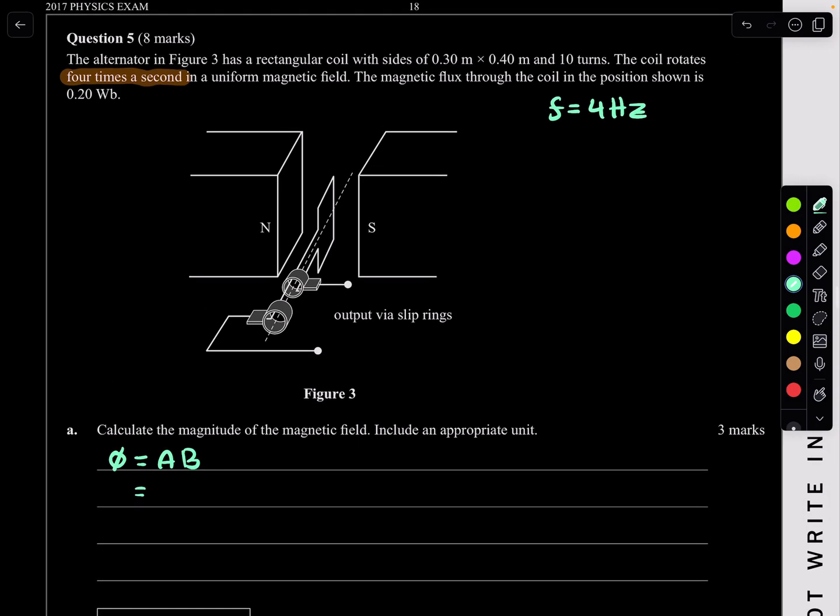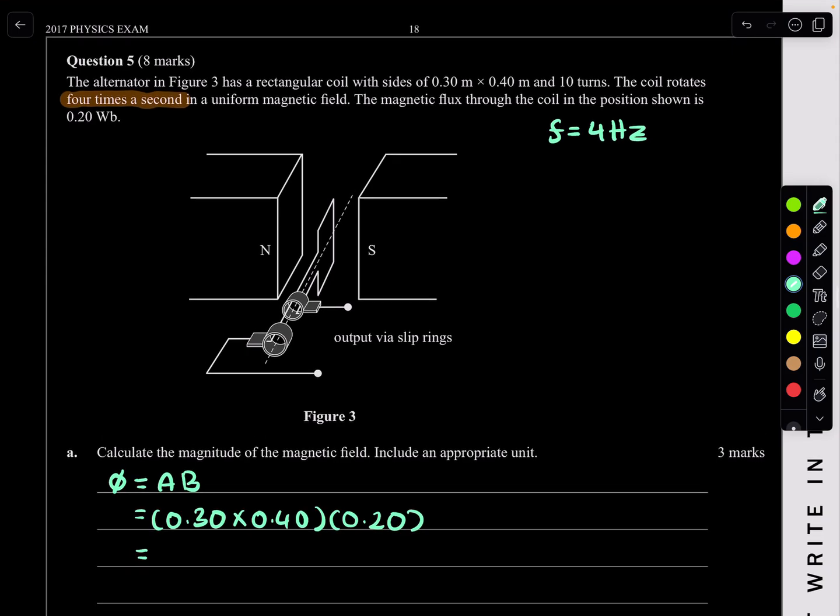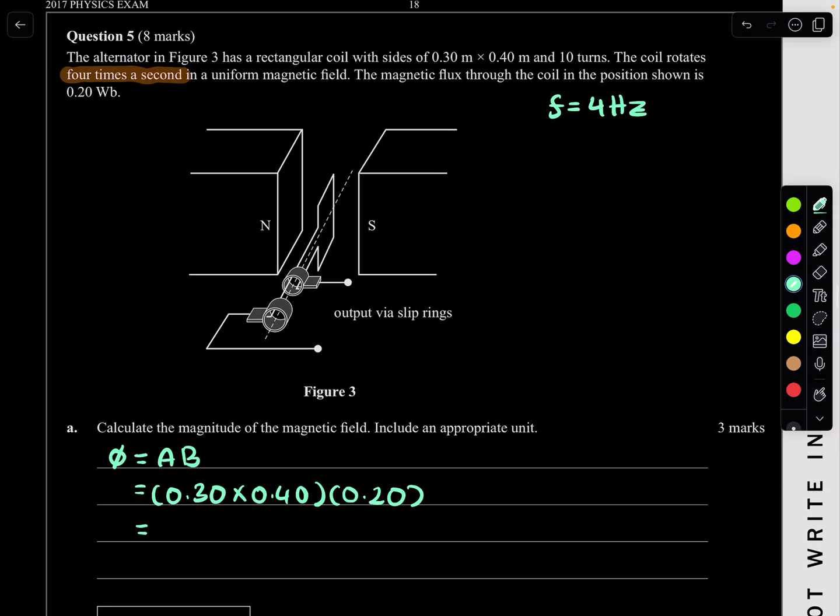Our area is just 0.30 times 0.40, and the flux is 0.20. So 0.3 times 0.4 times 0.2 gives me 0.024.